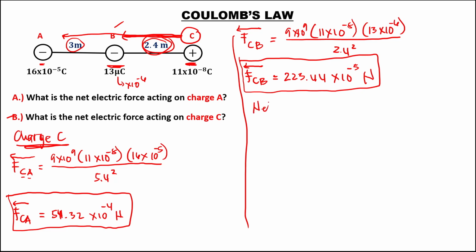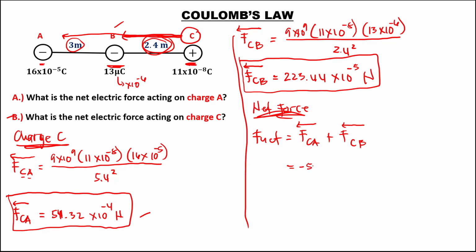Then this time we can find now the net force on charge C. So we have the net force equals the force between C and A, then plus the force between C and B. So the direction for this force between C and A, this one is to the left, and this one is also to the left. So again, since to the left, this becomes negative.